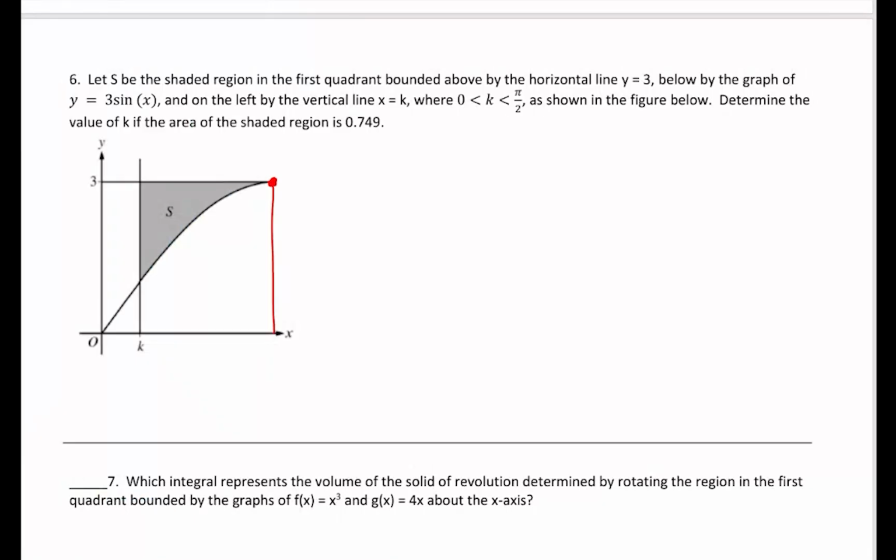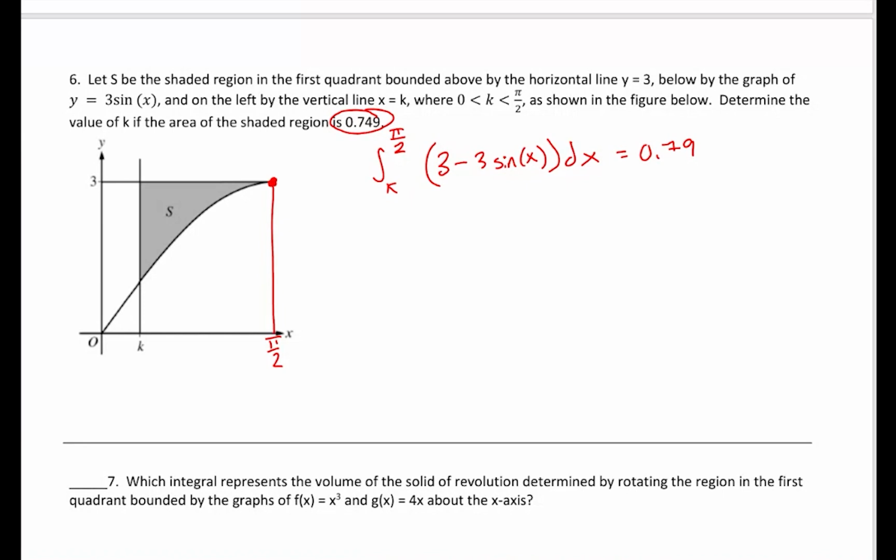So here's pi over 2. We've got the integral from k to pi over 2 of the top function, 3, minus the bottom function, 3 sine x, dx. So the area is approximately 0.79.